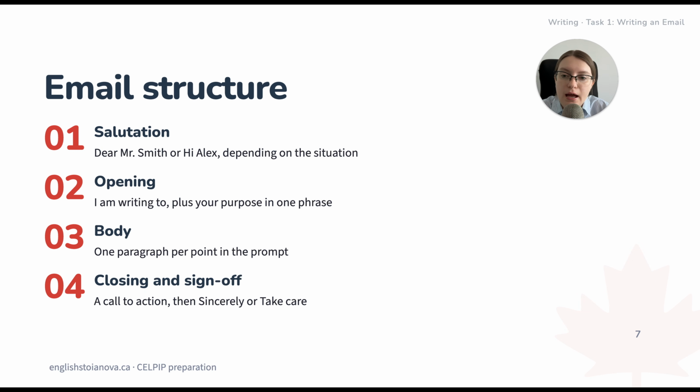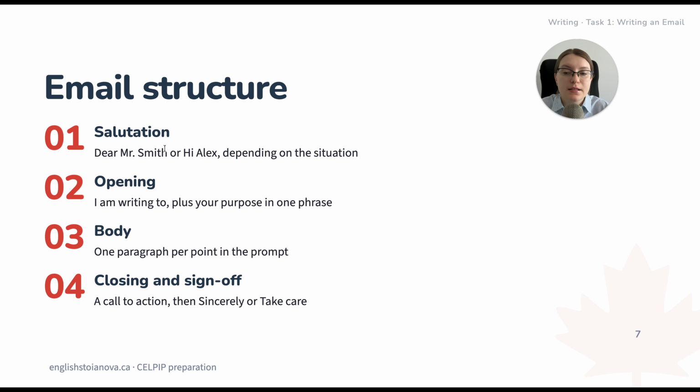Now I want to talk about email structure. First of all, you always have to have a salutation, meaning say hello, but in a certain way, depending on the situation. For example, if it's more formal, you will say, dear, this is just to memorize, dear, and then Mr. Smith.